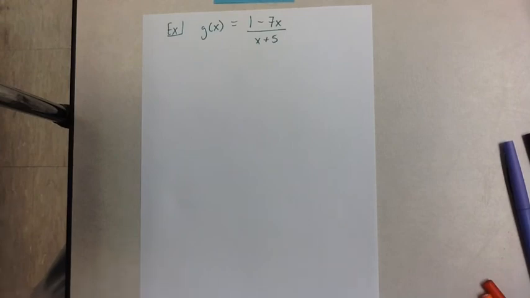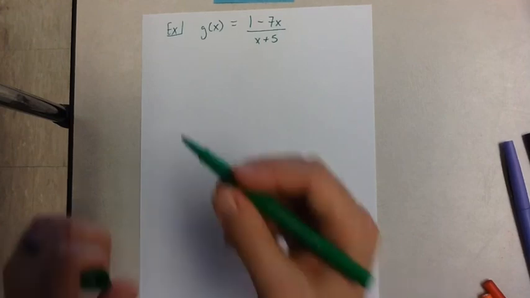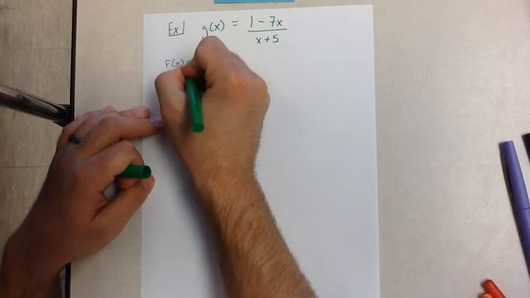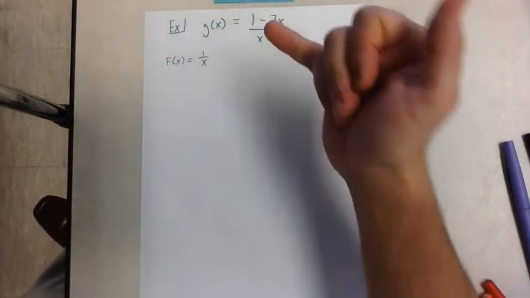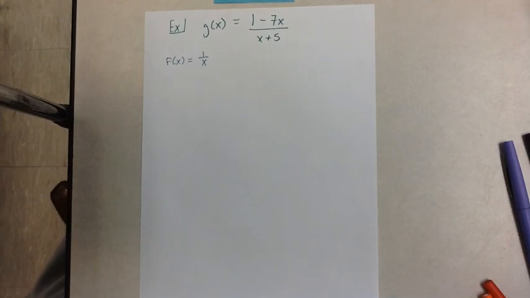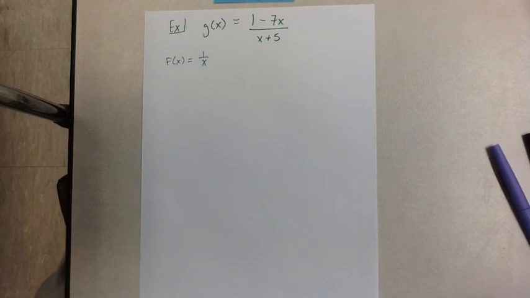But once you decide, whether to divide or not, tell me what was done to, remember f of x is still 1 over x. What was done to 1 over x to get to this function? Okay? So post questions, comments in the classroom, and we'll go from there.